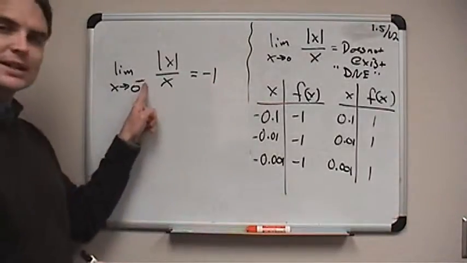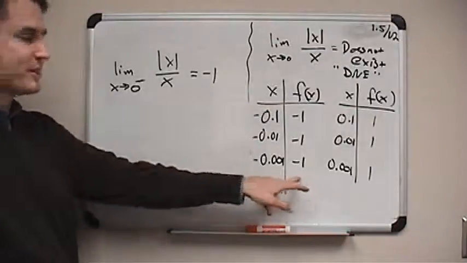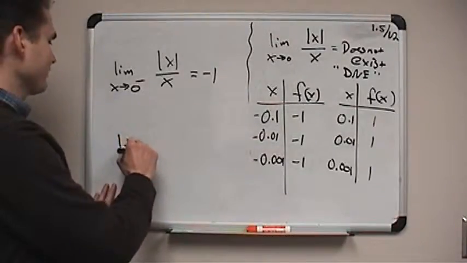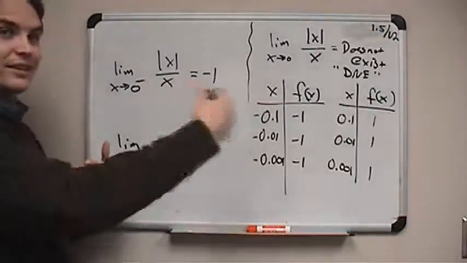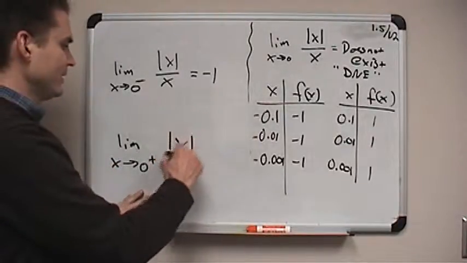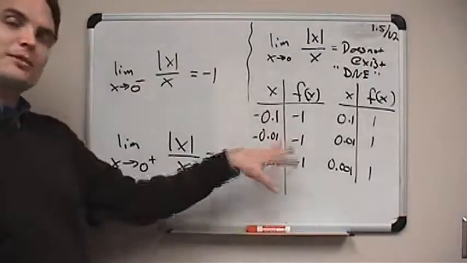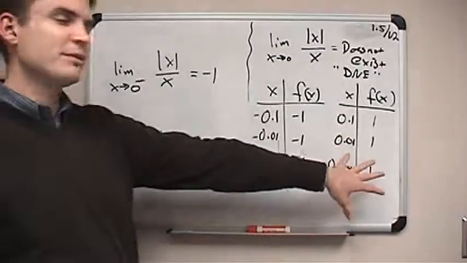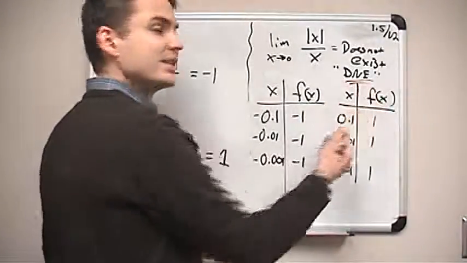This little minus sign above the limit point means from the left only. However, when we look at x values getting close to 0 from the positive side, the right side, we got something different. We got positive 1. So the limit from one side was negative 1, the limit from the other side was positive 1, but overall, the limit doesn't exist.